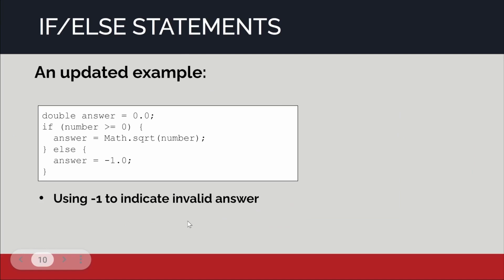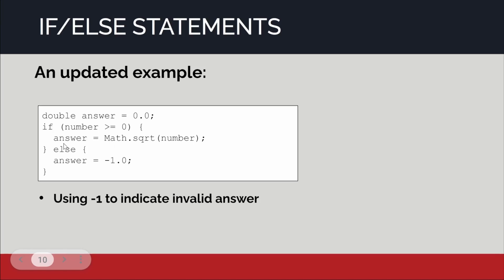And so here's an updated example for our square root problem. If the number is greater than or equal to 0, then we pass it into the Math.sqrt method. That's a static method, remember, and that's why we're referring to it this way with a capital M, Math class dot square root.